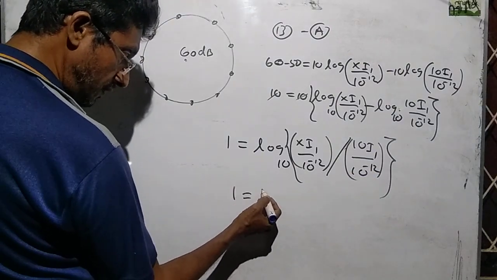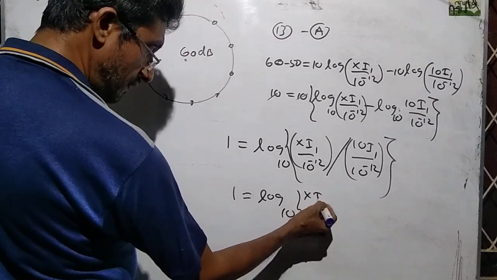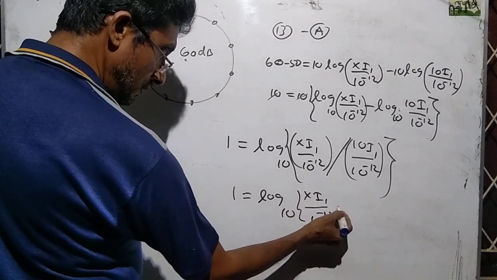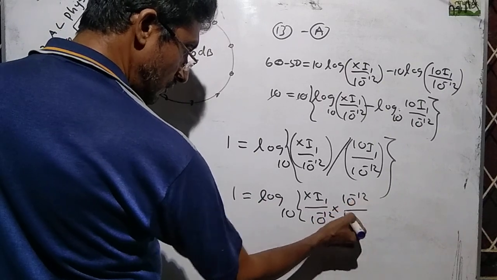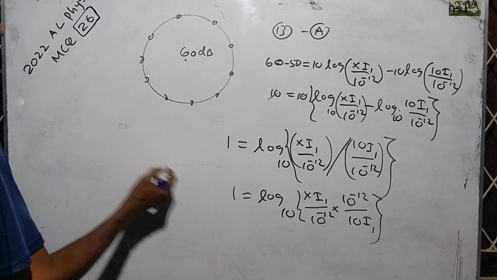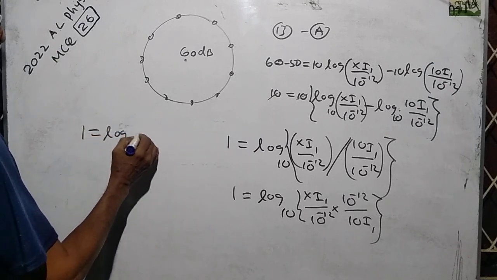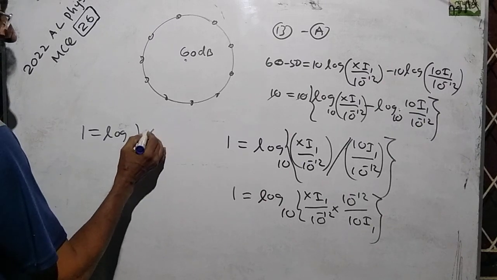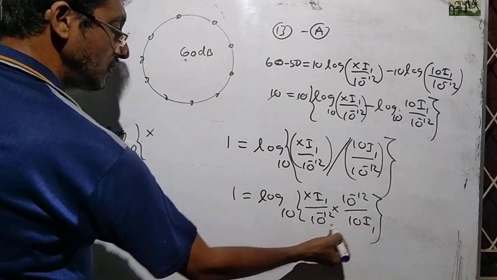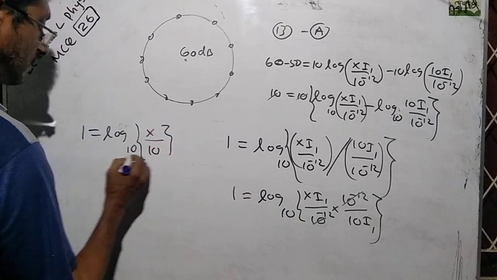Therefore, 1 is equal to log of XI1 over 10 to the power minus 12 times 10 to the power minus 12 over 10I1. Then 1 equals log of X over 10, since I1 cancels and 10 to the power minus 12 cancels.